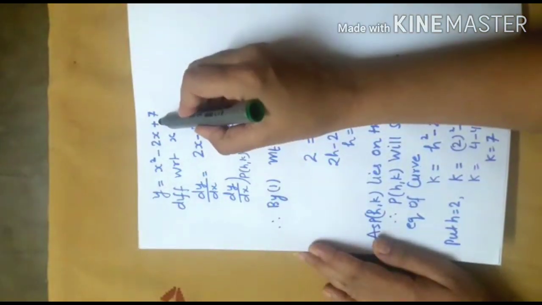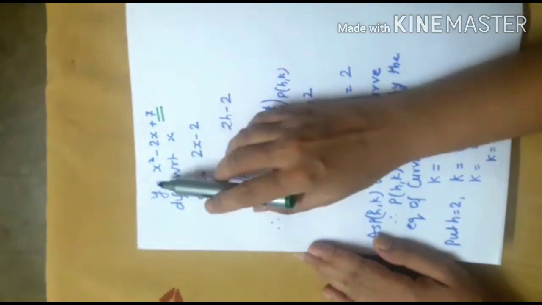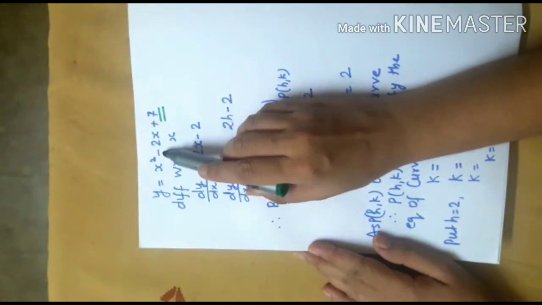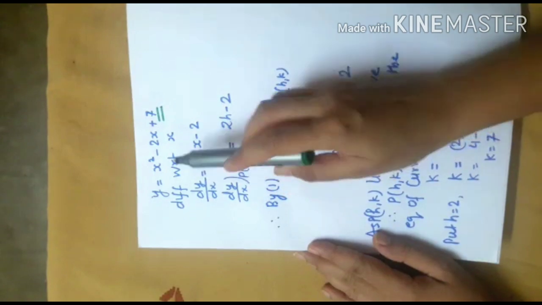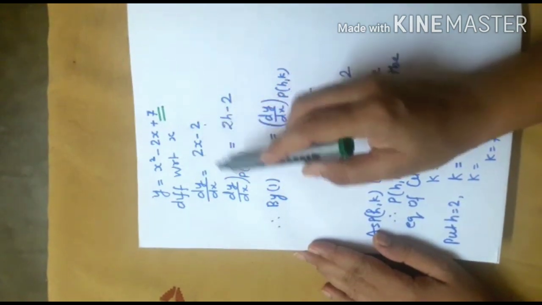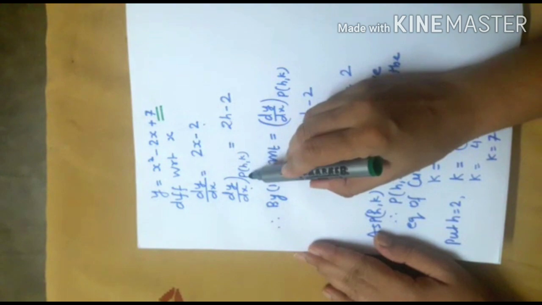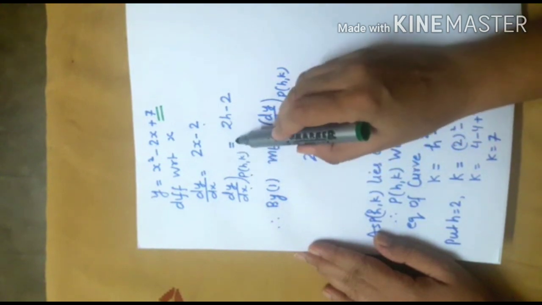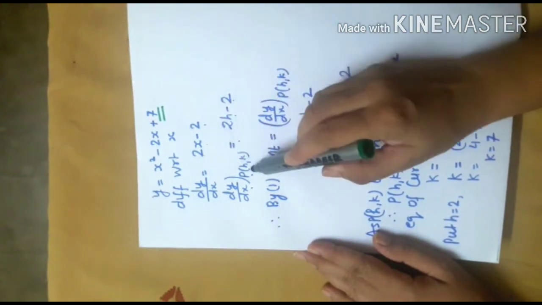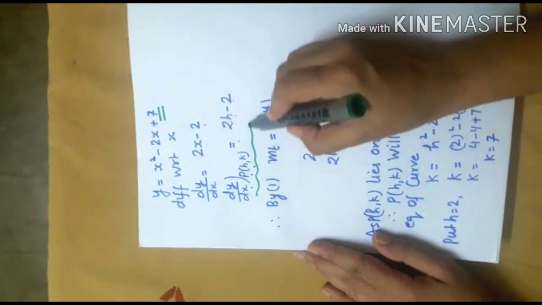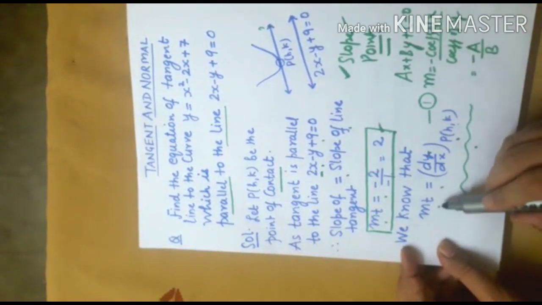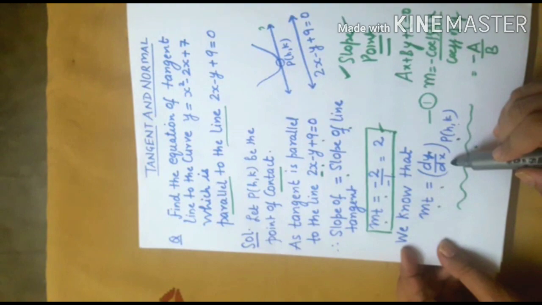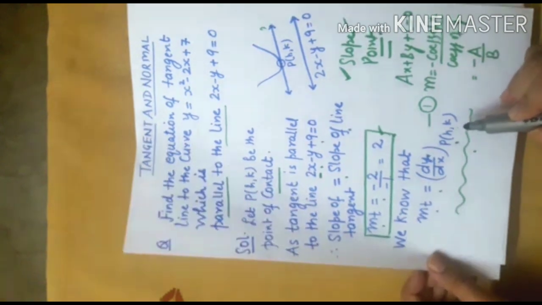Now equation of the curve is this. In order to find out dy by dx, I'll differentiate both sides with respect to x. So I'll get dy by dx equals 2x minus 2. Value of the derivative at the point of contact is 2h minus 2. Replace x with h. Now, by this relation, slope of the tangent is equal to dy by dx at P(h, k).